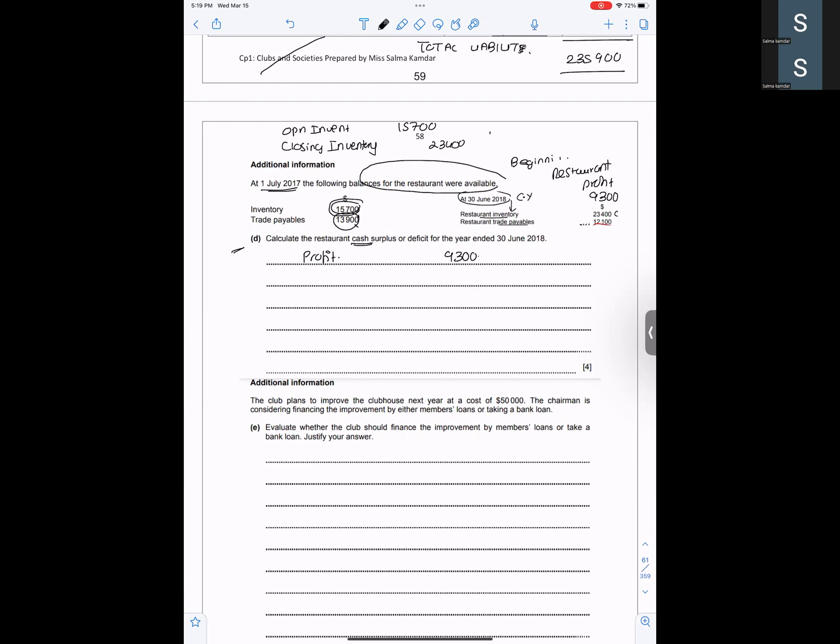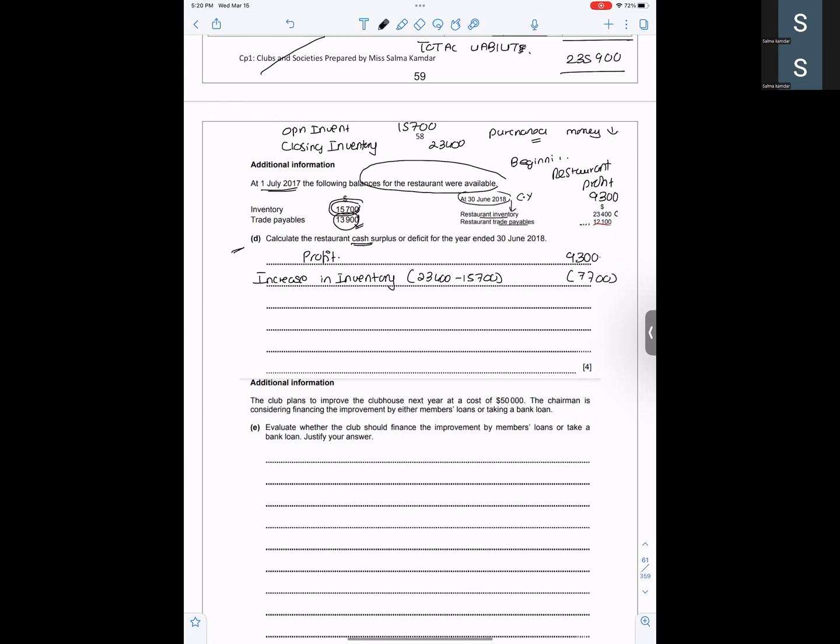That means I have purchased more inventory, and money might have reduced because of the increase in inventory. So an increase in inventory will cause a reduction in cash. So 23,400 minus 15,700 is going to reduce my cash profit by 7,700 because you purchased more.